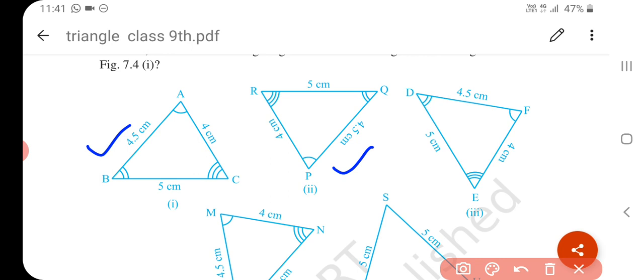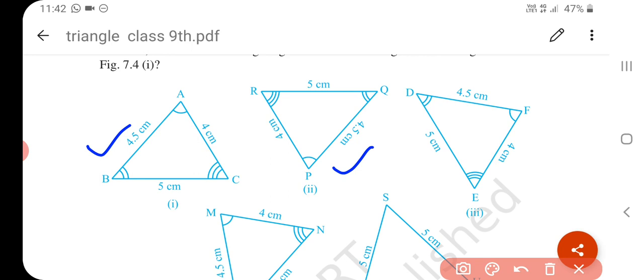Okay, angle B is corresponding to angle Q, angle R is corresponding to angle P. Understand? So this is how you have to write. Okay, BC is equal to QR.